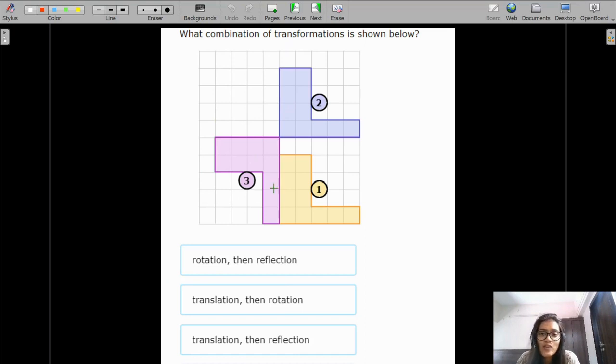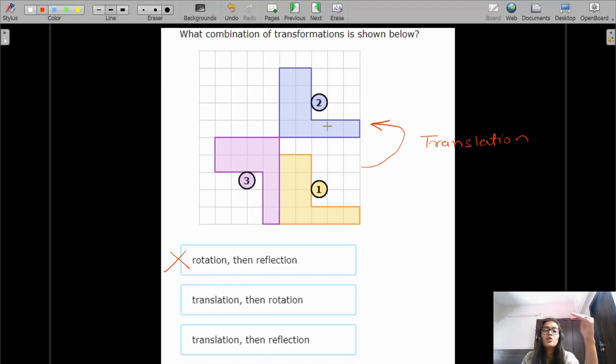What combination of transformations is shown below? So first we have number 1. From number 1 to number 2, this is definitely the case of translation. It has been shifted up, and so if first it's translation, this cannot be correct and this cannot be correct.